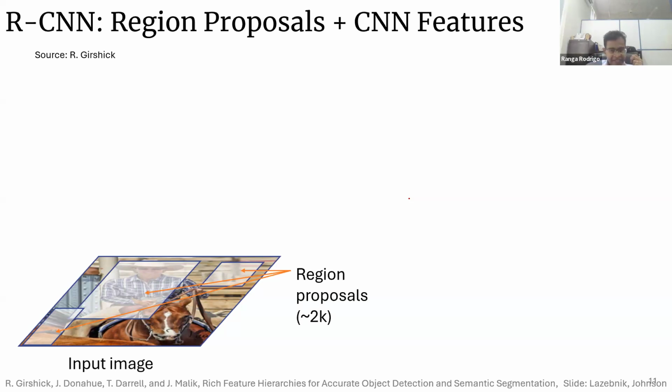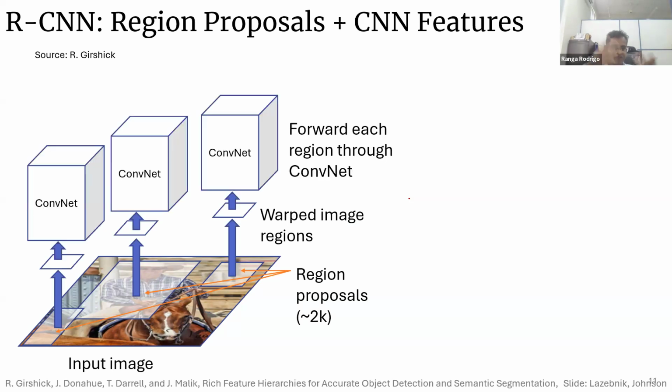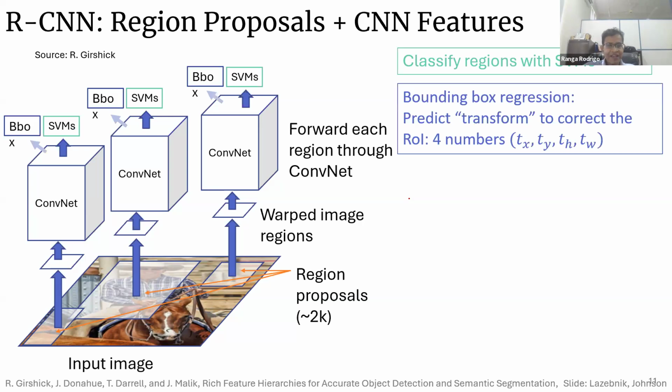Each of these we warp to a certain size, usually 224 by 224, and run the convolutional neural network on each, as we ran our ResNet-50 on the images. So we forward each region through the CNN, and then for each output we run a support vector machine to classify, and we do the bounding box regression.